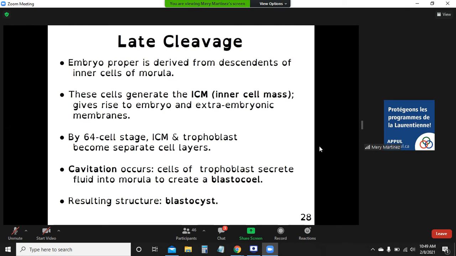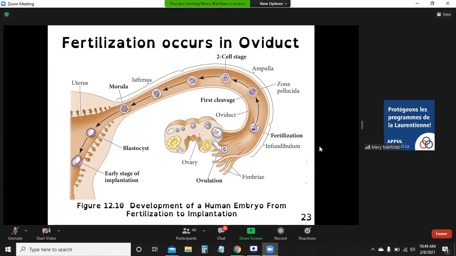After the morula forms, cavitation occurs. The cells of the trophoblast start secreting a fluid into the morula to create the blastocele. So we are here at the onset, and cells start secreting to have the blastocele in here.